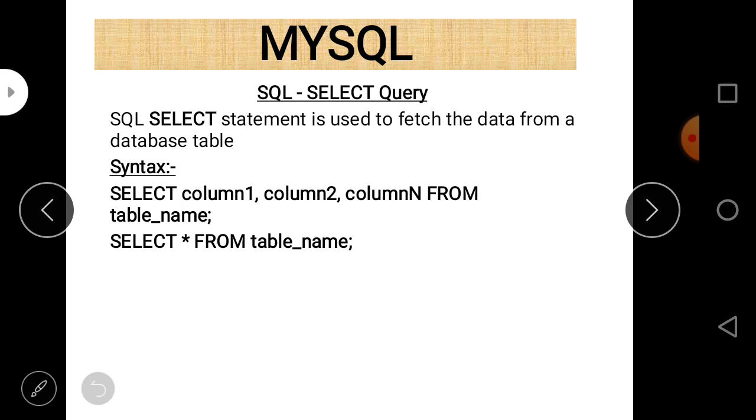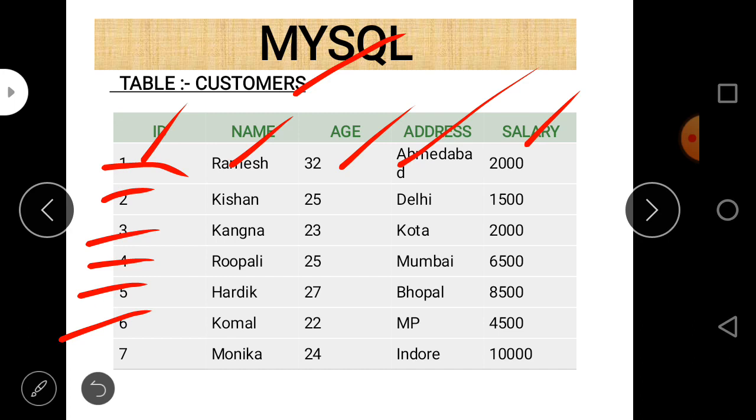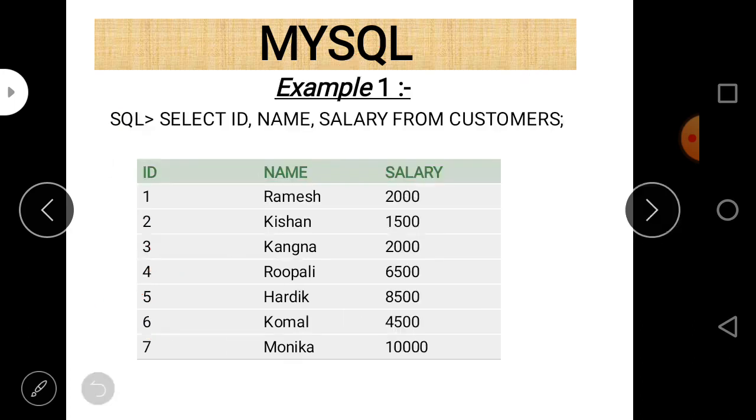So the SQL select statement is used to fetch data from a database table. This is the syntax here. Now there is a table name, suppose customer, and the table contains the column names ID, name, age, address, and salary, and these are the different rows here.